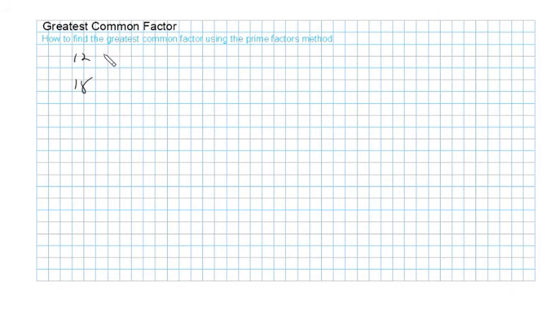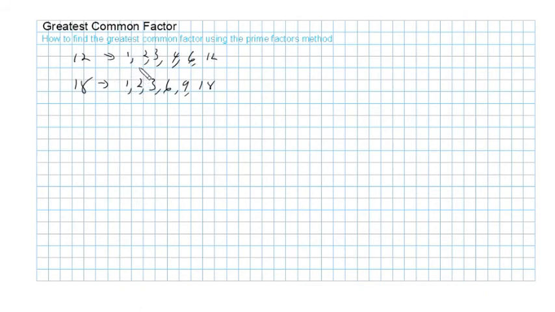The factors of 12 are 1, 2, 3, 4, 6, and of course 12. And the factors of 18 are 1, 2, 3, 6, 9, and 18.